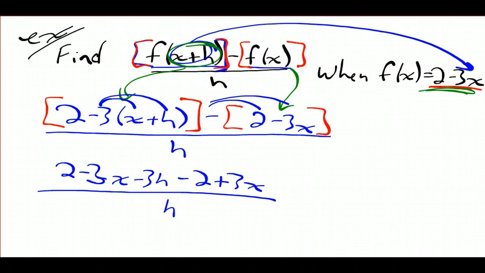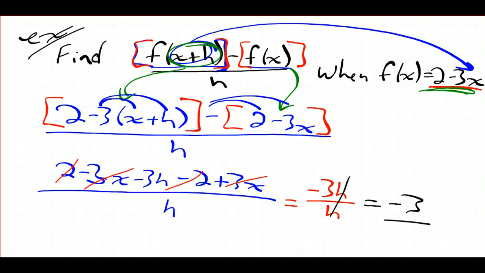Well, from here, I have 2 minus 2 is 0. -3x plus 3x is 0. So I'm left with -3h over h. I know that h divided by h is 1. So this whole nasty thing is just -3 in the end. Do not write h equals -3. Do not write x equals -3. It all just comes down to simplifying as -3.